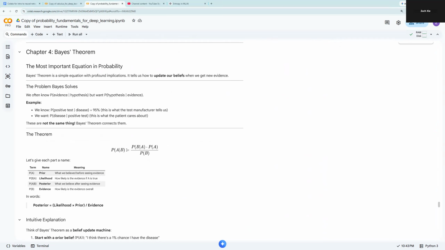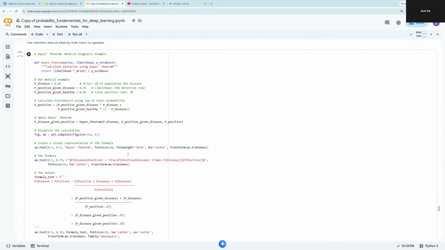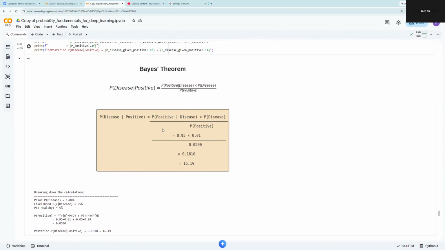Like I talked about, the prior, the posterior, and the evidence and all that. These are just fancy names. But essentially it's the same thing. So, Bayes rules and whatnot.